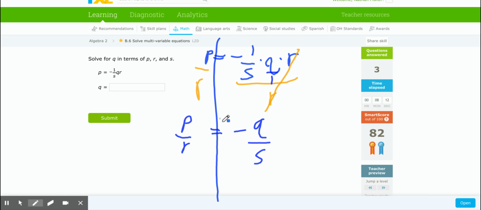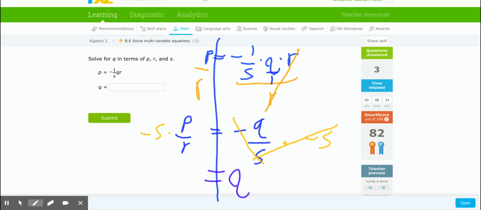All right. I still need to get rid of this negative and this divided by s. To do that, I can multiply, and I can do that all in one step. If I multiply by a negative s, because now this and that cancel, I also have to multiply by a negative s on that side.